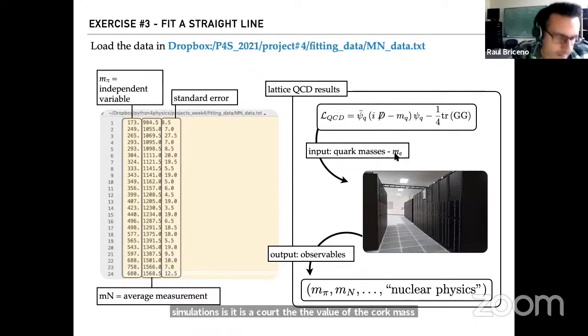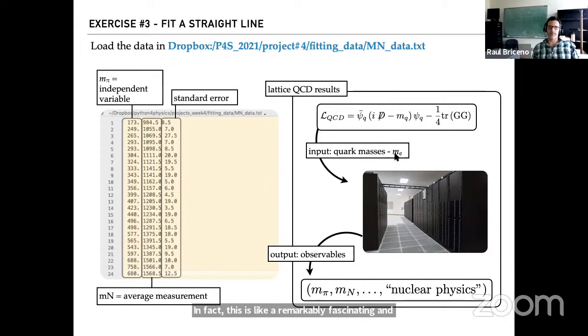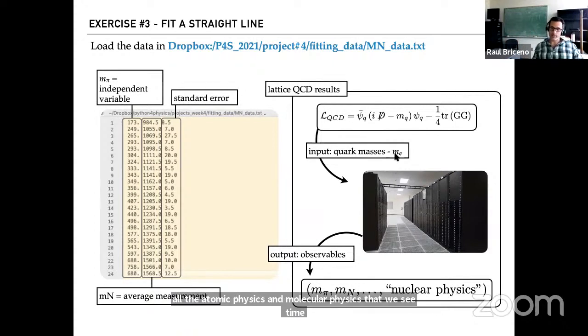In fact, this is a remarkably fascinating and amazing thing that is true in particle physics, that there's only a finite number of parameters which in principle describe all the quantum mechanical phenomena, all the subatomic physics, all the atomic physics and molecular physics that we see, science in general, biology, everything, right? Can all be described by a finite number of parameters.